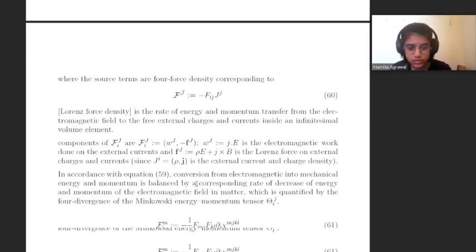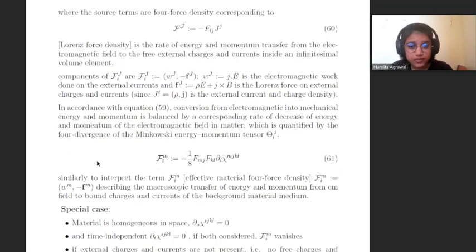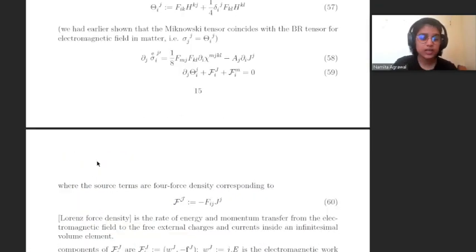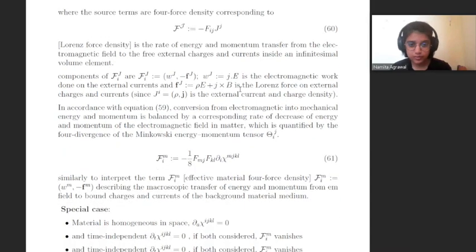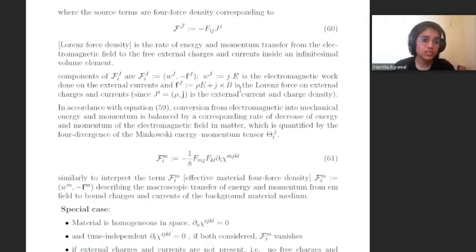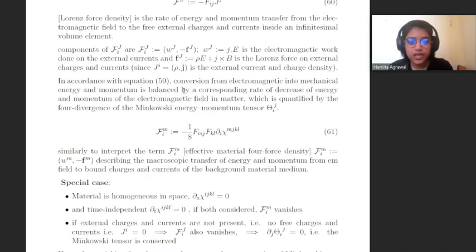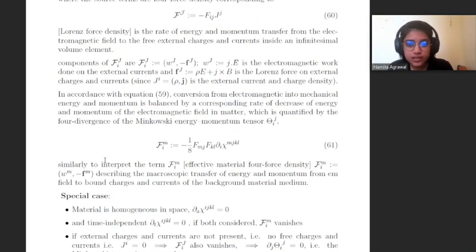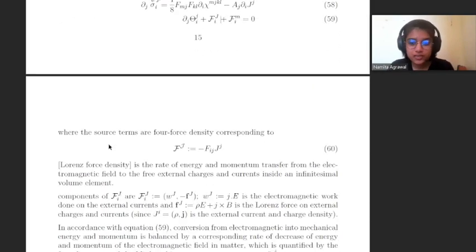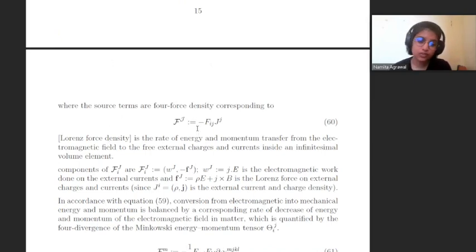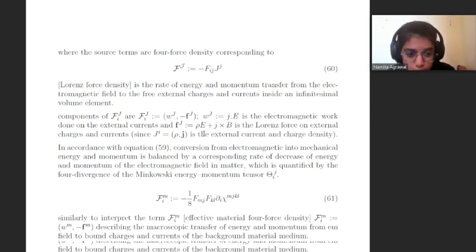Similarly, the other expression, FIM, is the transfer of energy from the field to the bound charges and currents of the material medium. In order for all these three terms to satisfy the balance equation, the sum would have to be zero, so that the rate of transfer of energy and momentum from the EM field to bound charges and free charges will have to be compensated somehow.